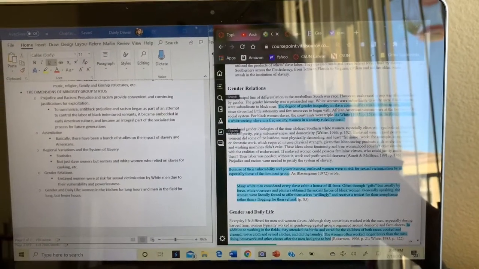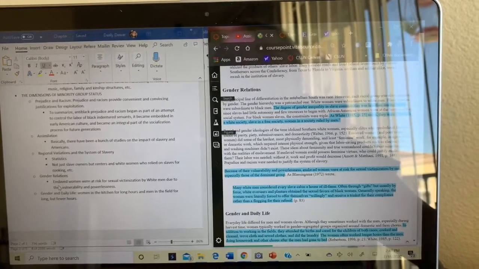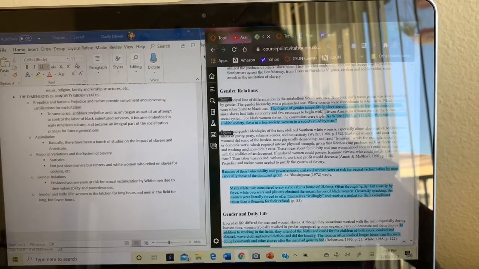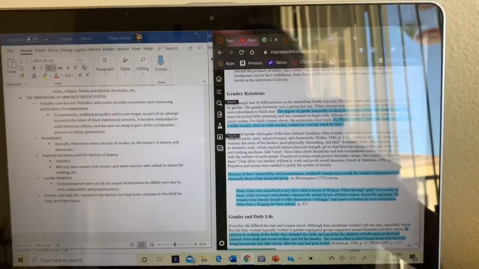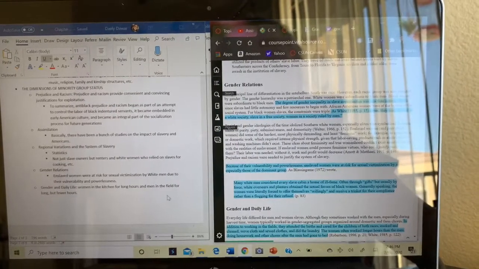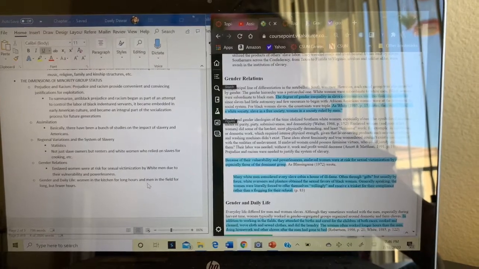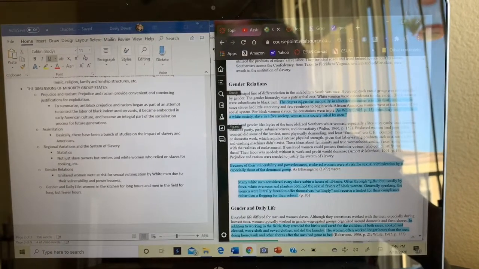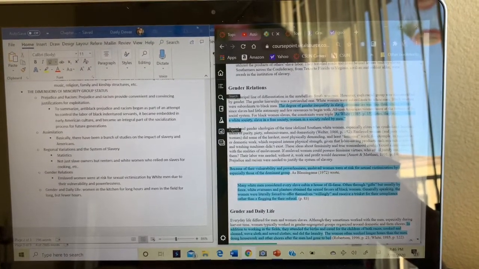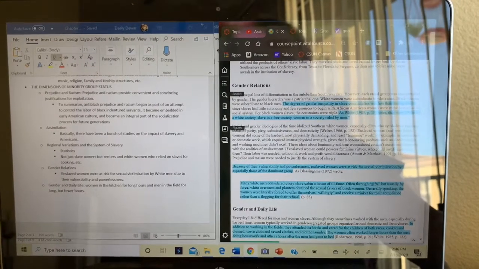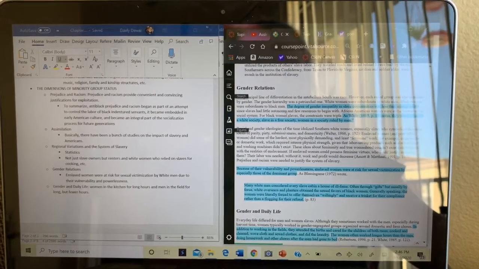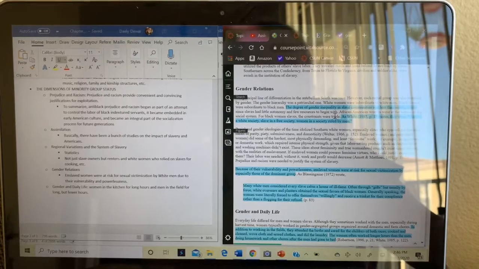The next section, gender relations, discusses the gender roles that were existing at the times between white people and black people. The degree of gender inequality in slave communities was less than among whites, since slaves had little autonomy and fewer resources to begin with.